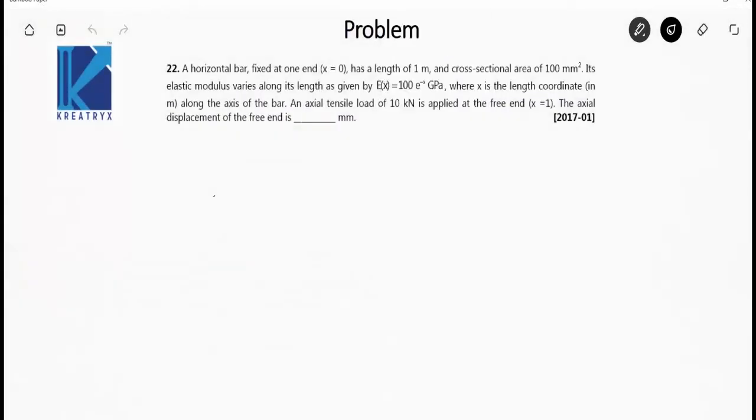A horizontal bar fixed at one end, x is equal to 0, has a length of 1 meter and cross-sectional area of 100 mm square, that is 100 into 10 raised to the power minus 6 meter square. Its elastic modulus varies along its length and is given by this relation, and this elastic modulus is in GPa.